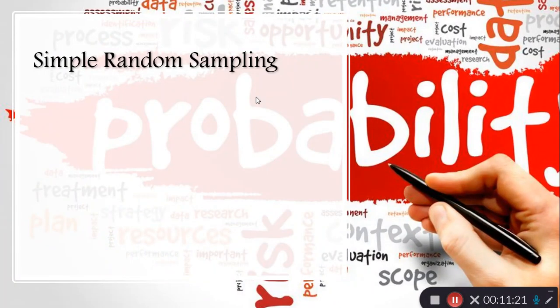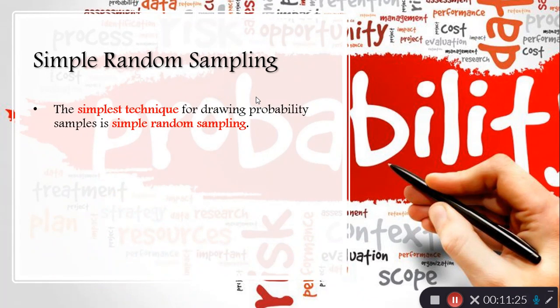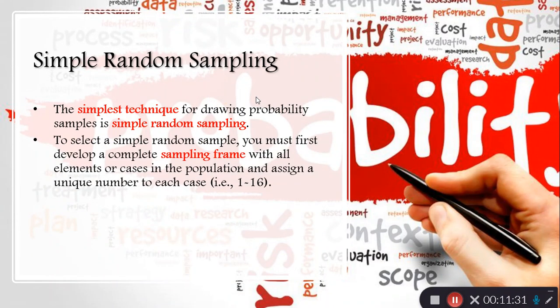So the first type is simple random sampling. This is the simplest technique for drawing a probability sample. To select a simple random sample, you must first develop a complete sampling frame with all elements or cases in the population and assign a unique number to each case.